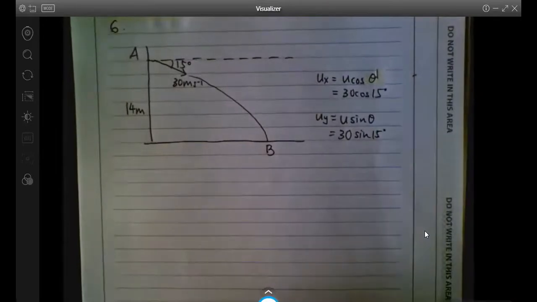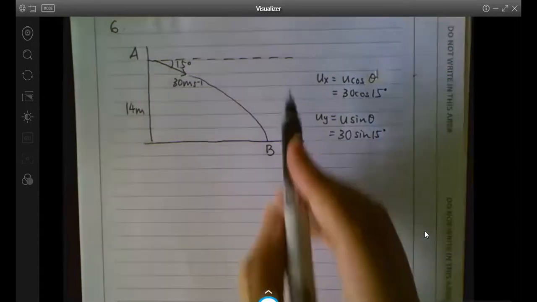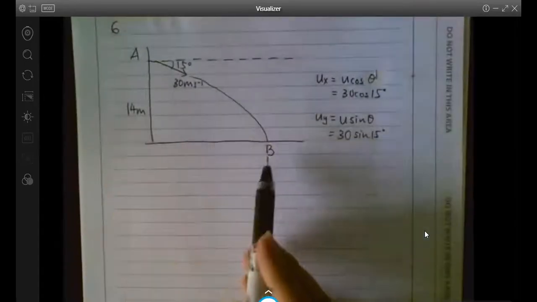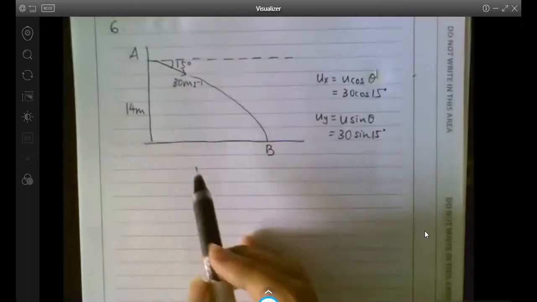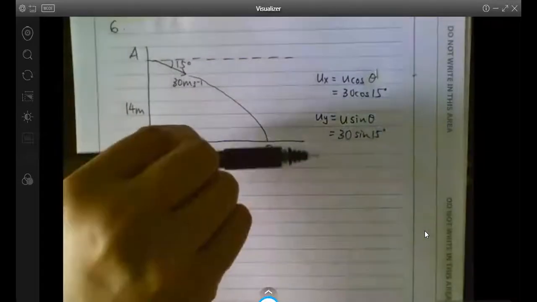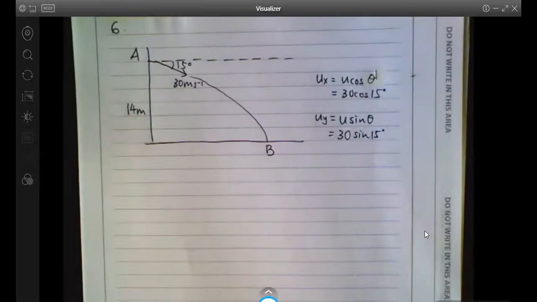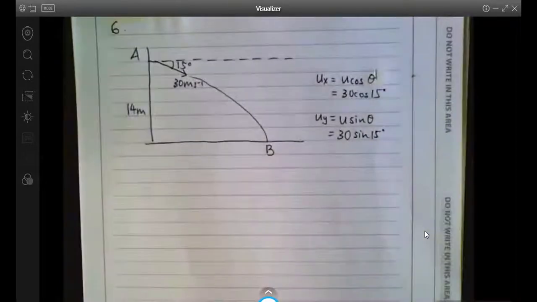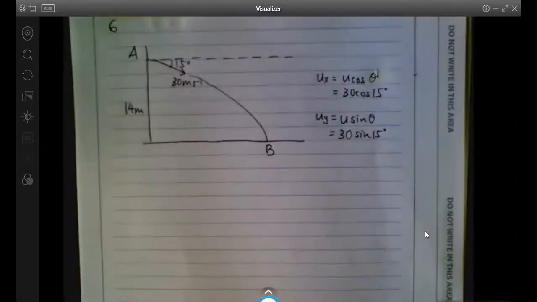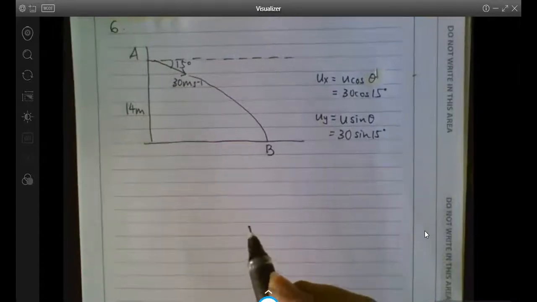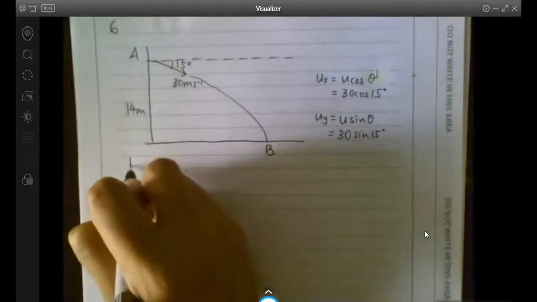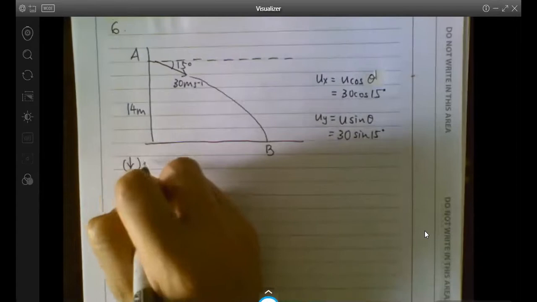Okay, now let's start. We want to find the time taken, and in this case the general direction is vertically down and horizontally to the right. Since I know the vertical distance traveled would be 14, I can set downwards as positive.